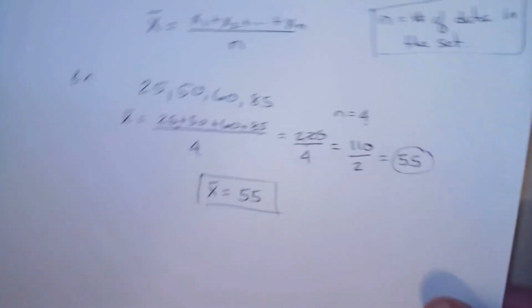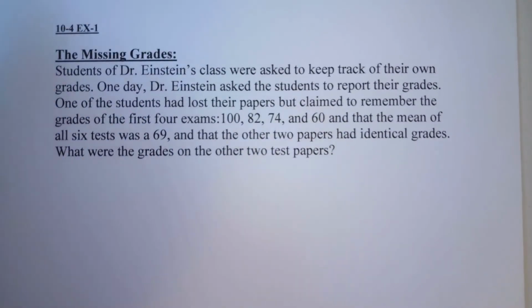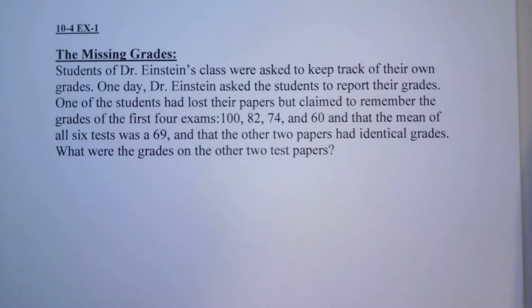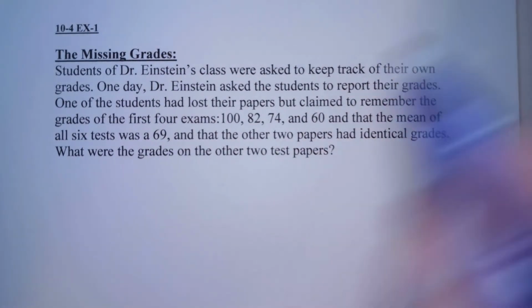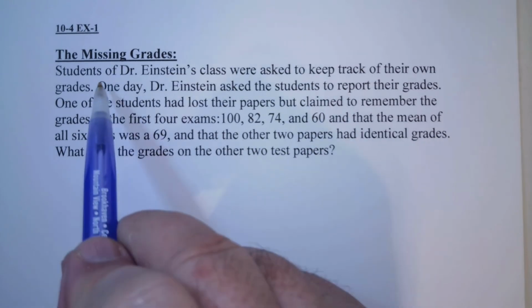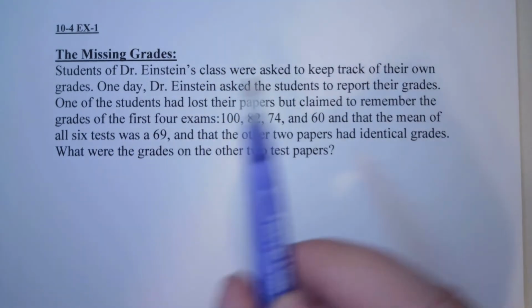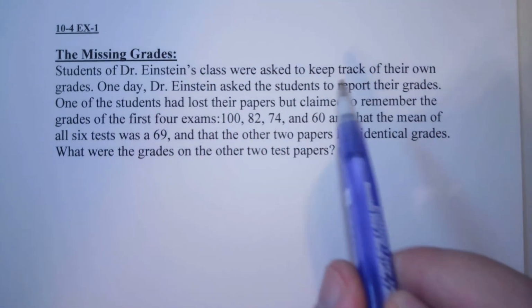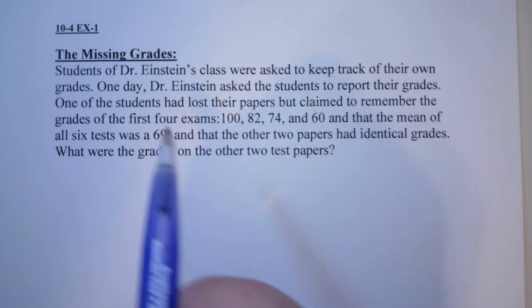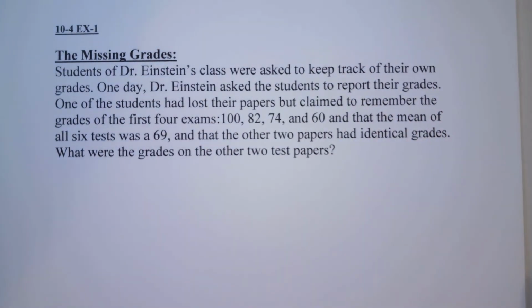When I was in college, I remember when we got near final exams, students would always try to determine what they needed to get on the test to pass the course, or to make a B, or to make an A. So let's look at this example. Some of Dr. Einstein's students were asked to keep track of their own grades. One day, Dr. Einstein asked the students to report their grades.